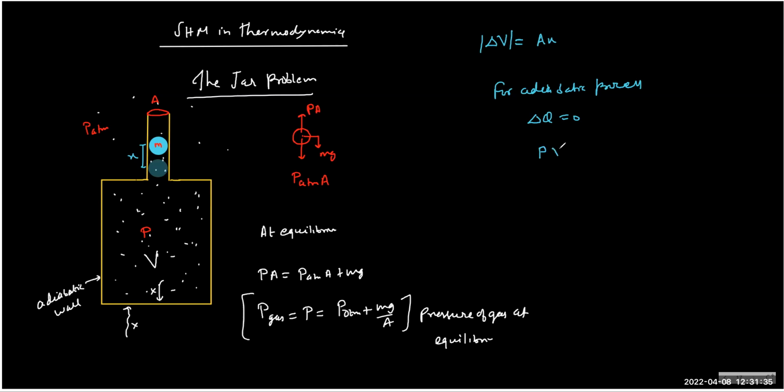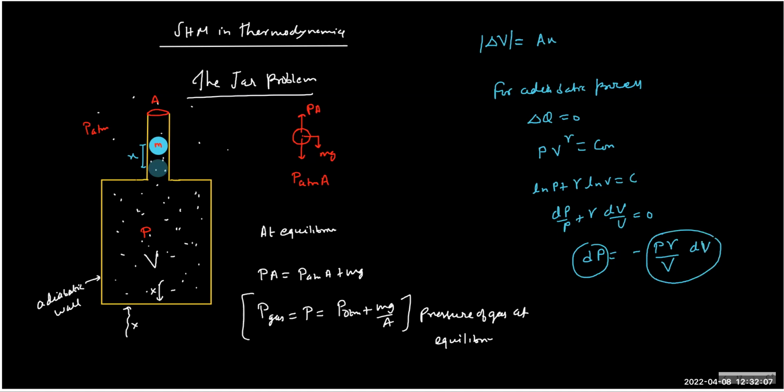We know that P V to the power gamma is constant, or you can say ln P plus gamma ln V is constant. If you differentiate, dP by P plus gamma dV by V equals 0, and we have done all this in the past. So dP is basically minus P gamma by V dV, and this is the restoring pressure. That's it.